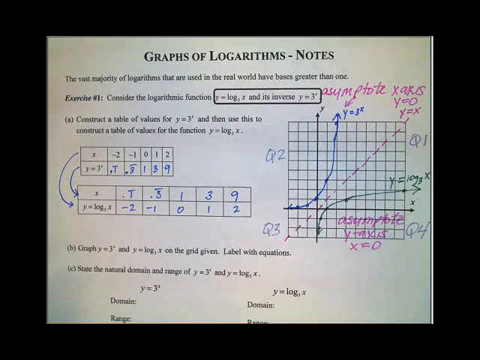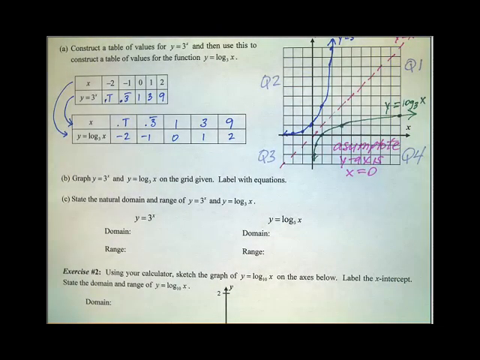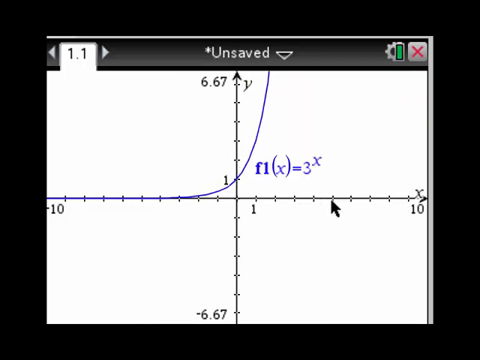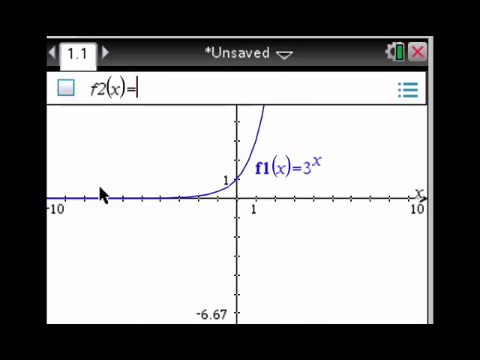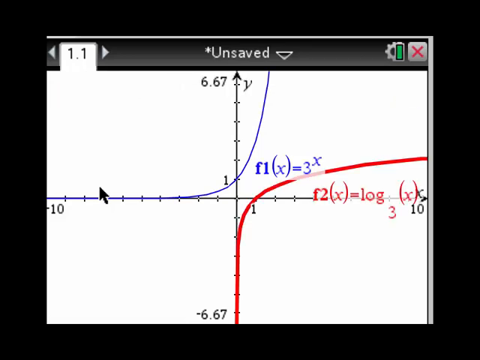So we already graphed them and labeled them. Now we need to state our domain and our range. So it keeps coming back. Every shape we do, domain and range is going to come back. So again, if I look at my graph, I notice that my domain of my exponential is always all real numbers.